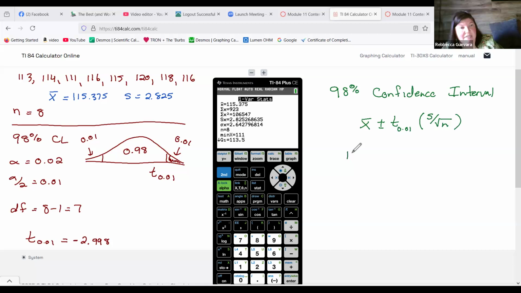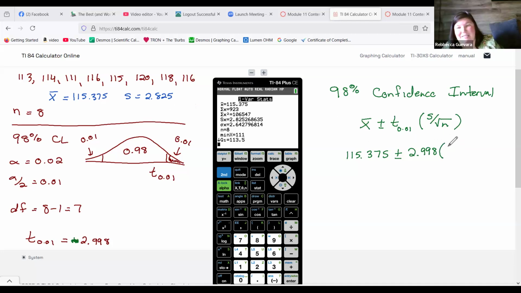So my sample mean was 105.375 plus or minus my t for 0.01 being left in the right tail. That's right, sorry. T should be positive. I forgot to convert it back to positive. So remember, that should always be positive, never negative. That was a mistake of mine.